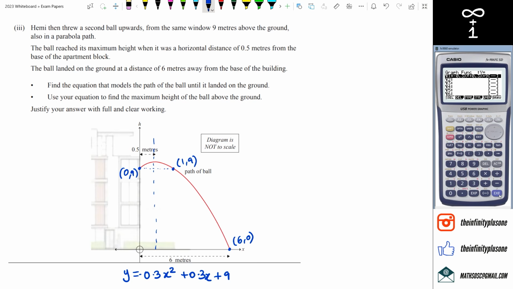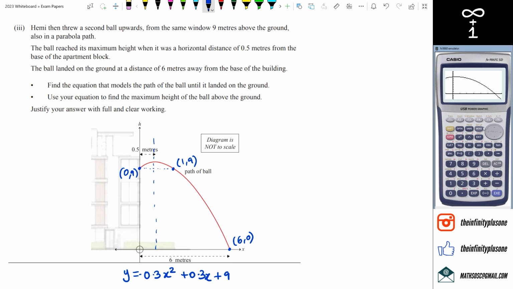Let me see if this actually works. Draw, of course not, it's not going to work. Where's the mistake? Let's just type it again. Okay, so we've got negative 0.3 multiplied by x squared plus 0.3 multiplied by x plus 9.